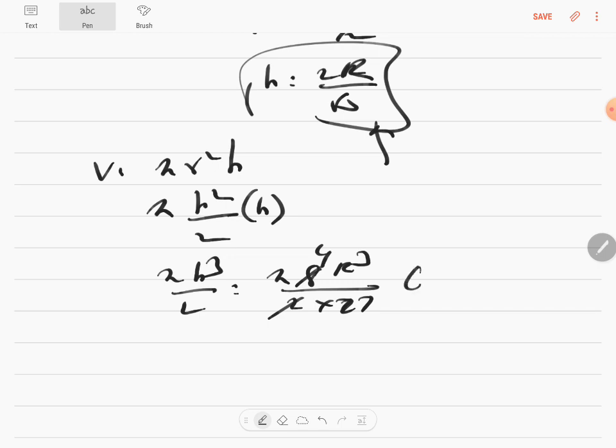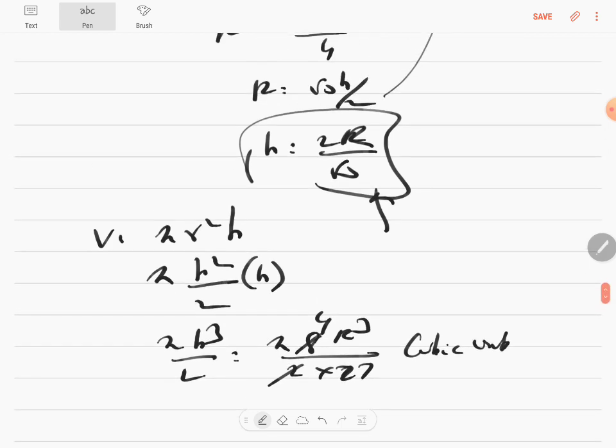See the answer, cubic units. See if that is the answer that's given in the book back. Now, will that be 9 because it's root 3? Yeah, you are right. 4 pi R cube by 3 root 3. Okay, let's figure that out.